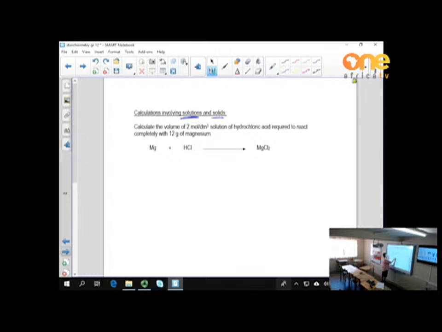So 1 magnesium, that seems fine. 1 hydrogen, oh, here's an error in my equation. I must have hydrogen there as well. So 1 hydrogen, 2. I will need 2 over there. There I have 2 chlorines, and there I have 2 chlorines. So now it is balanced.